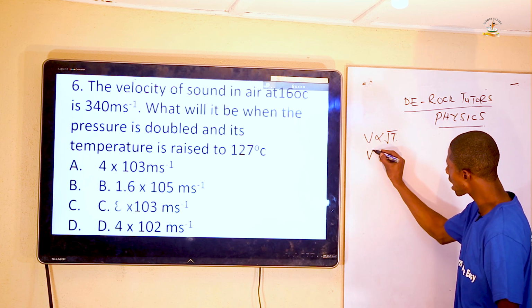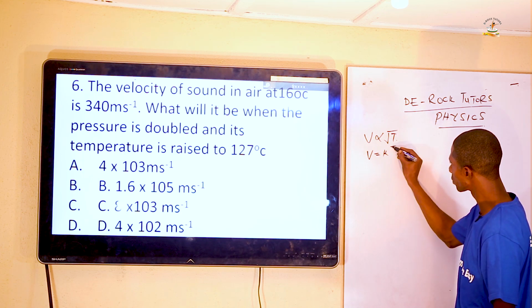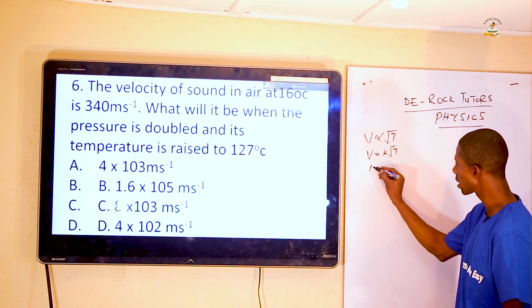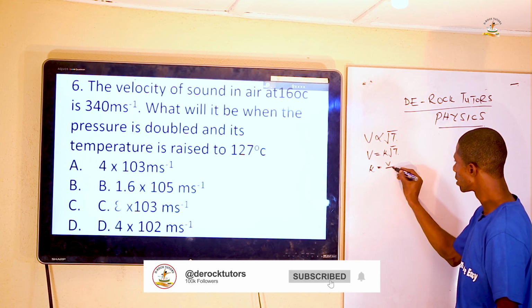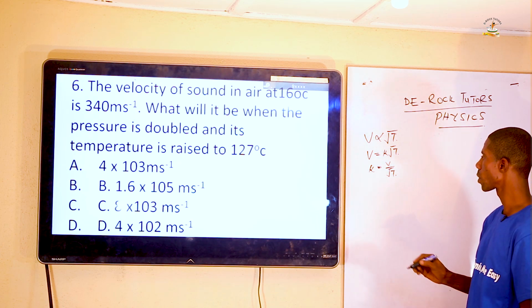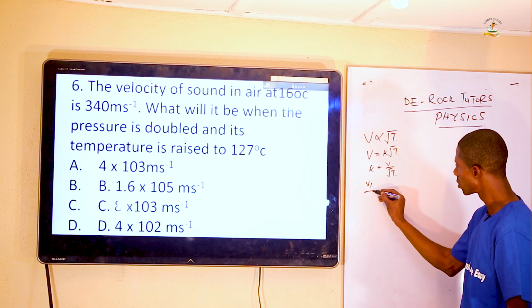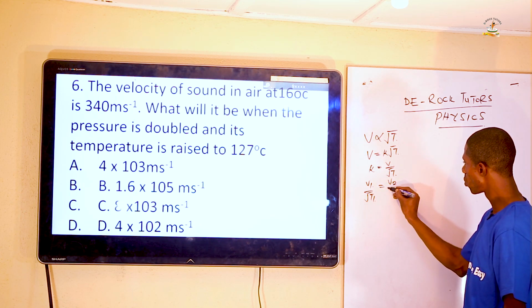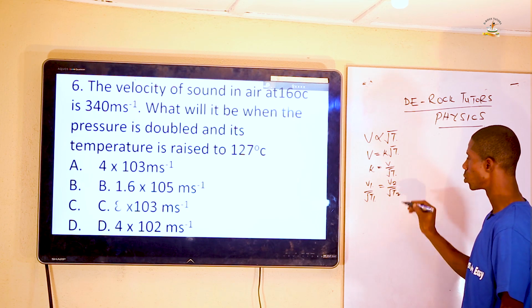So if I remove the sign of proportionality, I will introduce a constant. Making the constant subject of the formula, I will have K equals V over the square root of the temperature. So if I have V1 over square root T1, I will have V2 over square root of T2.